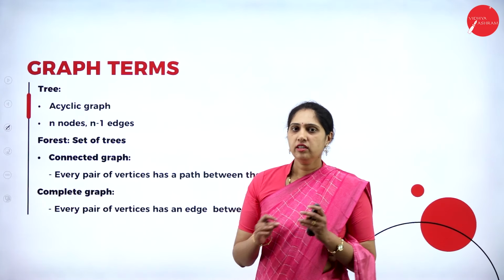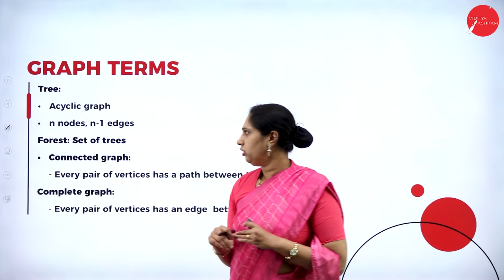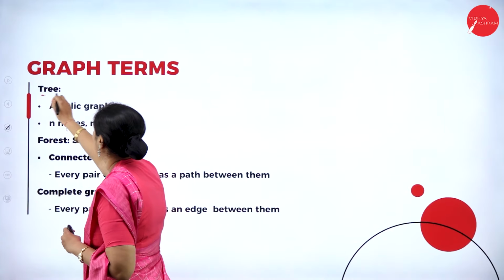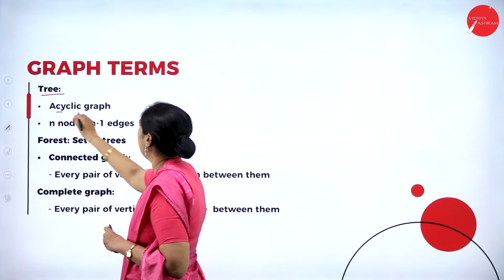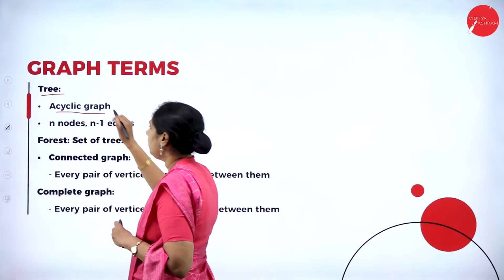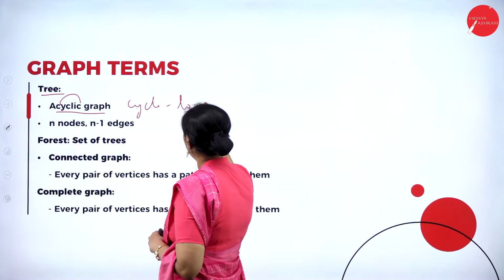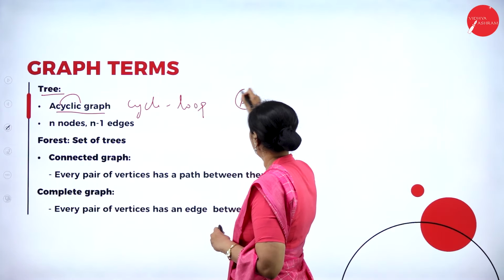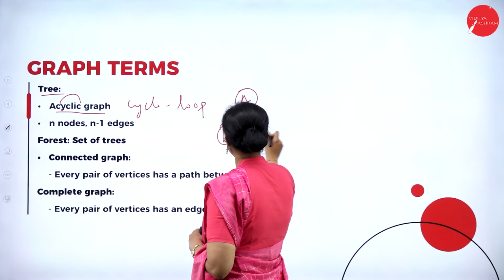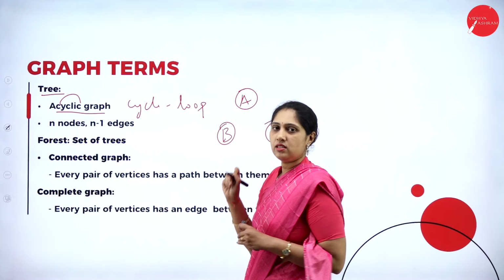After graph, we have another terminology, tree. A tree is an acyclic graph. What is a cycle then? Cycle means there is a loop. The best example I always give is A, B, C. These are the vertices.